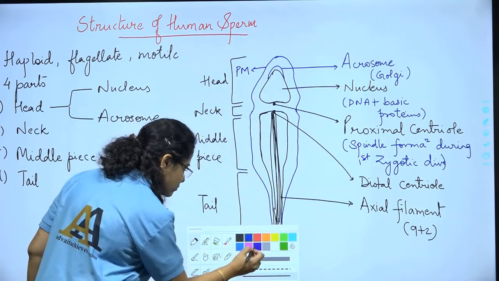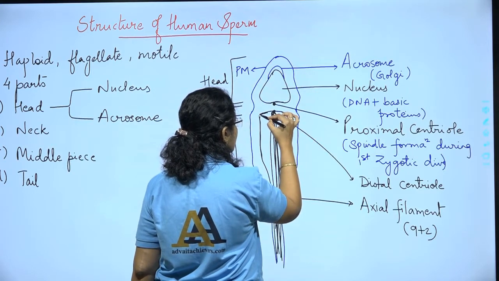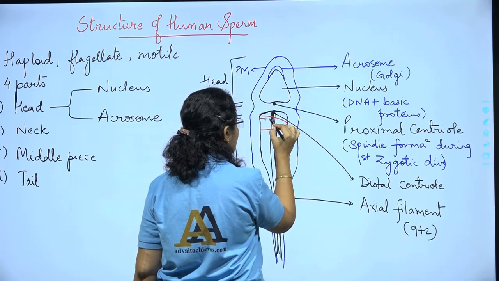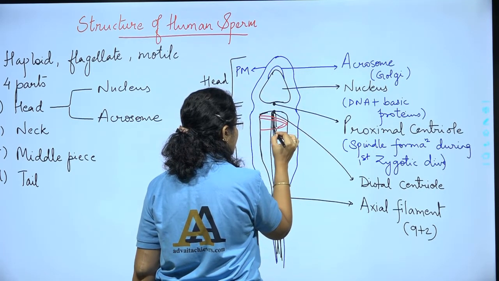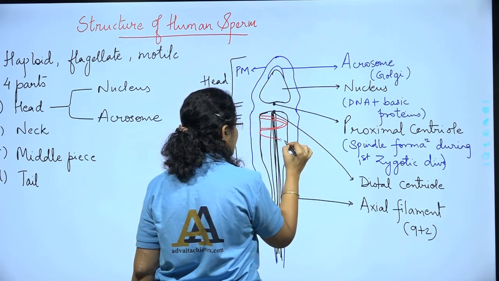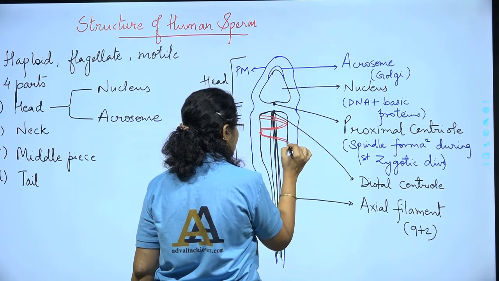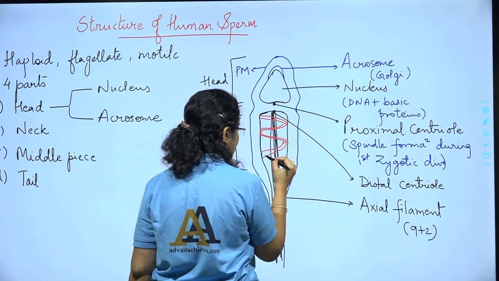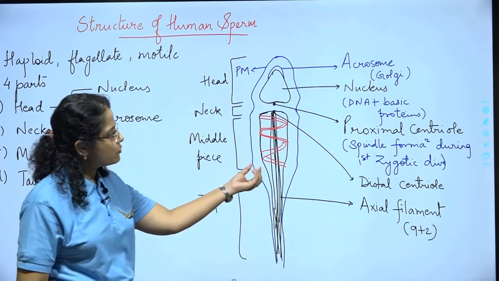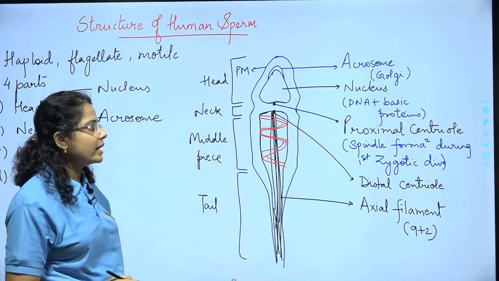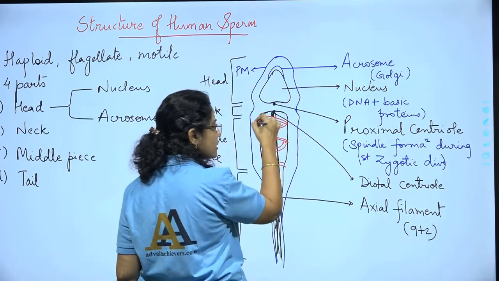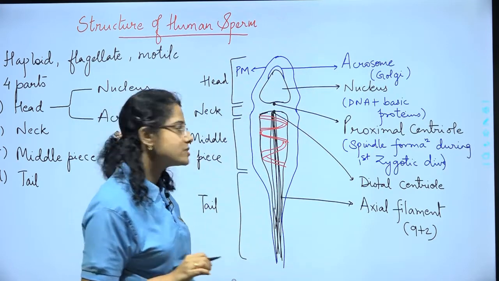So if we have to show that, this red portion that we have made indicates the Nebenkern, the spirally arranged mitochondria.